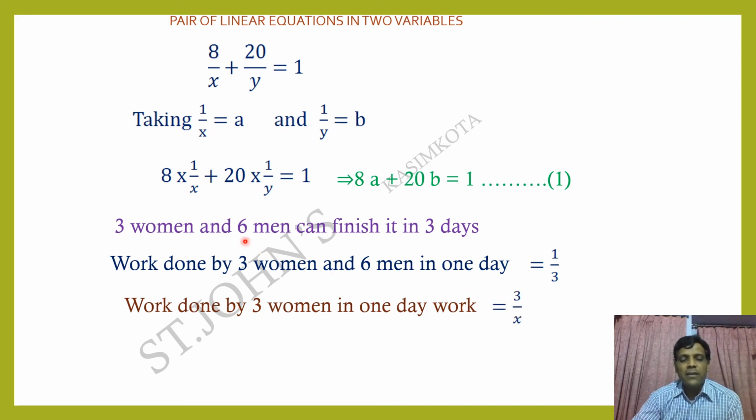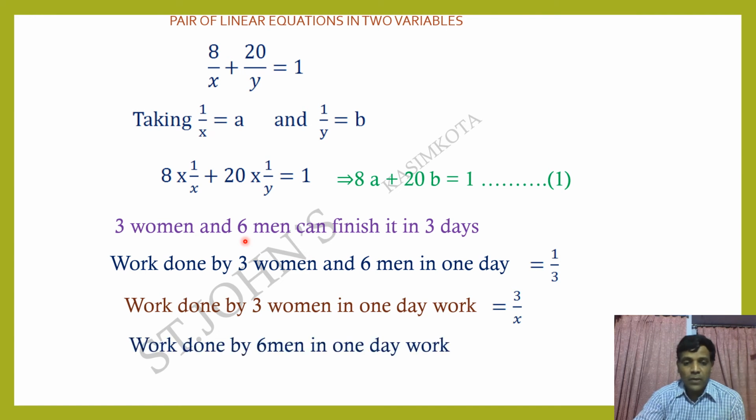Now the second one: work done by 6 men in 1 day equals 6 by y. Both 3 women and 6 men in 1 day equals 1 by 3. Now based on the question, 3 by x plus 6 by y equals 1 by 3. That is the second one.